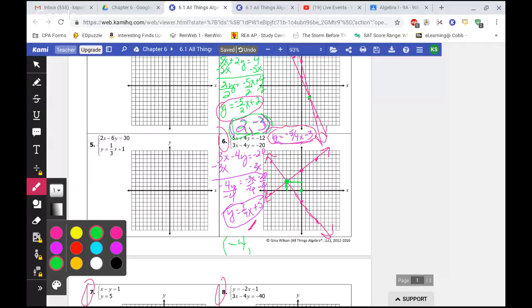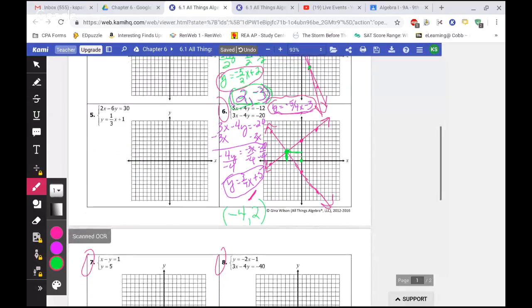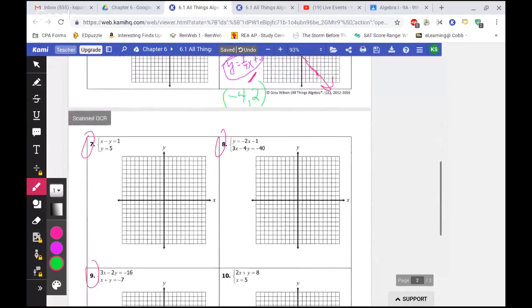I know it's really hard to read, and I get that. Sometimes I have to actually draw a little box so I can count better, but it's -4, 2. Just be careful counting. So the solution for number 6 is -4, 2.